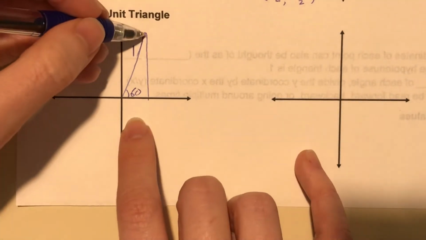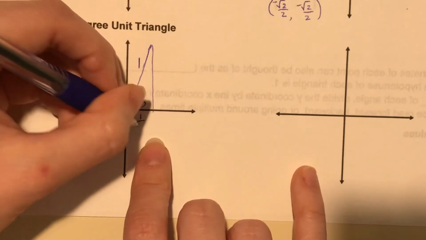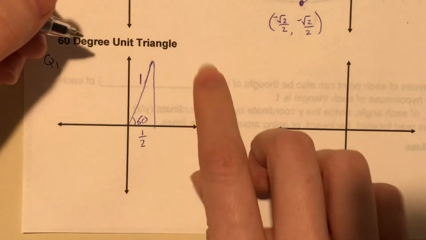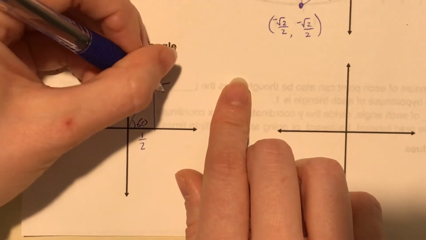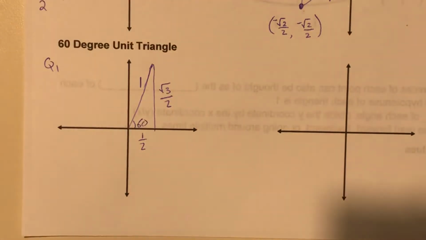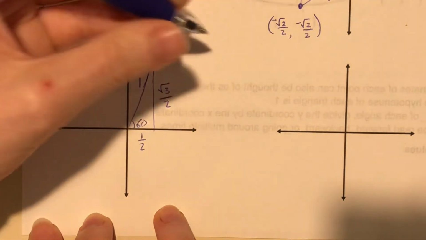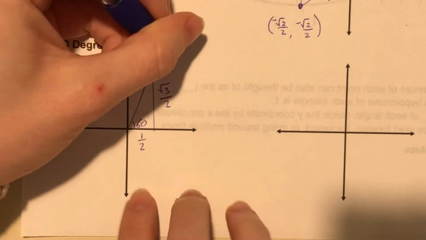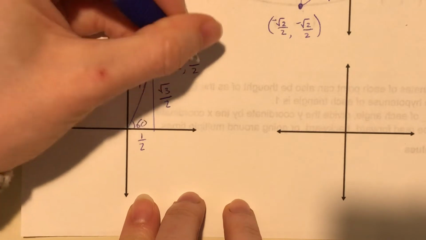So if a 30, 60, 90 triangle has a hypotenuse of 1, it has a short leg of 1/2, and that means it has a long leg of 1/2 root 3 or square root of 3 over 2, which is the same thing as 1/2 root 3. So if we're finding then the coordinates of this point, we're going to say that that's x coordinate 1/2, y coordinate square root of 3 over 2.